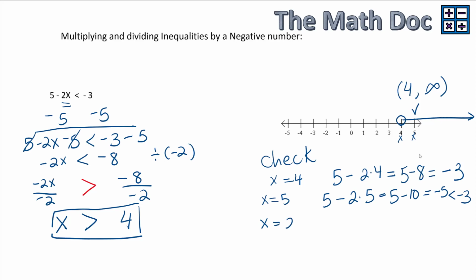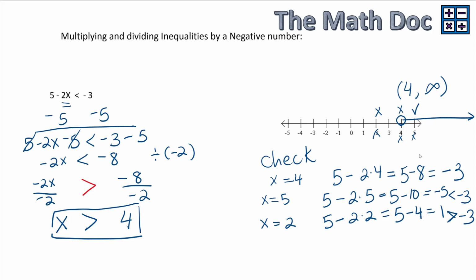Let's say x equals 2. We have 5 minus 2 times 2 equals 5 minus 4, which is 1. 1 is larger than negative 3. So for x equals 2, we do not satisfy this inequality.